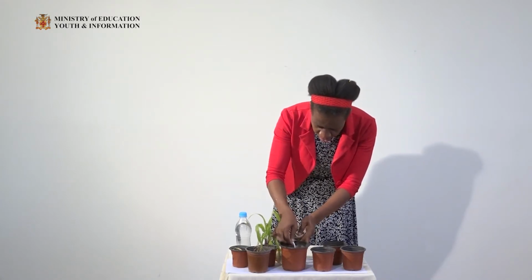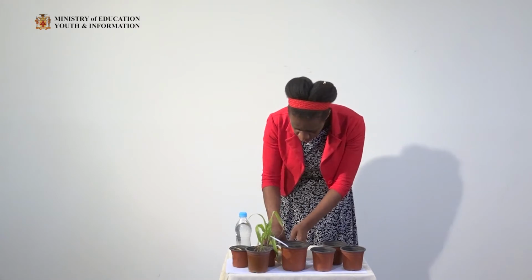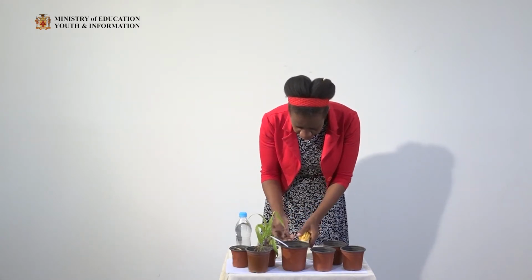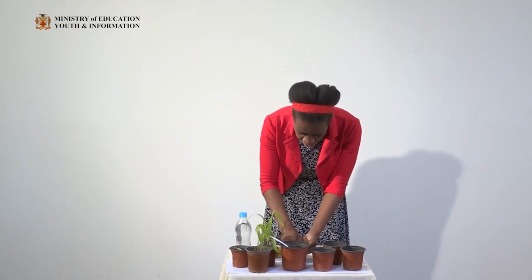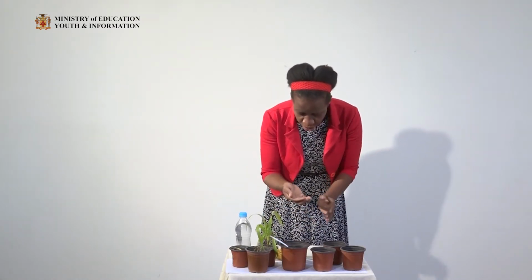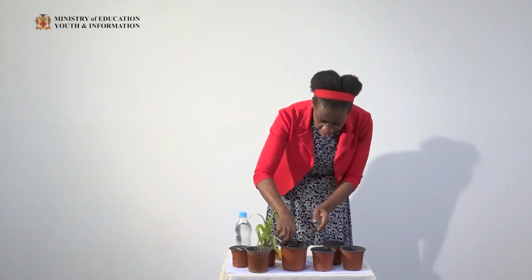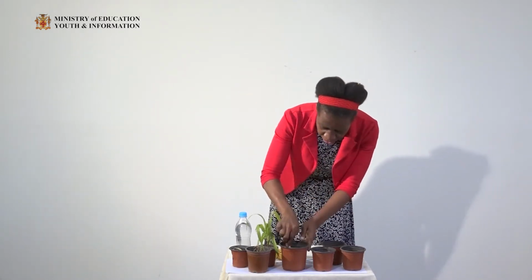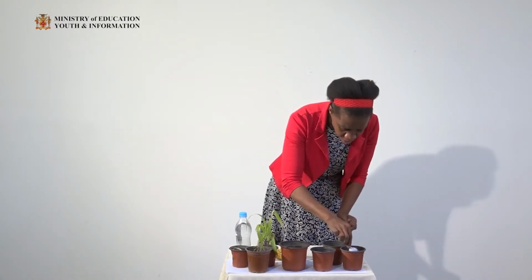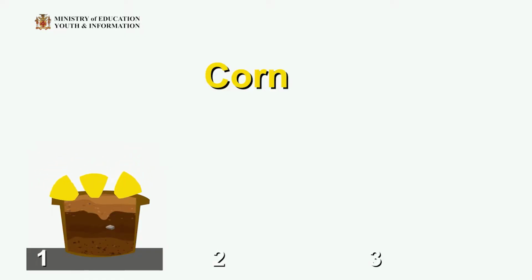So we're planting our seeds, all right? But in this case, notice we're using seeds from the same corn. So we're using three corn seeds, and we're basically putting the same number of seeds in each container. All right, 3 more seeds.